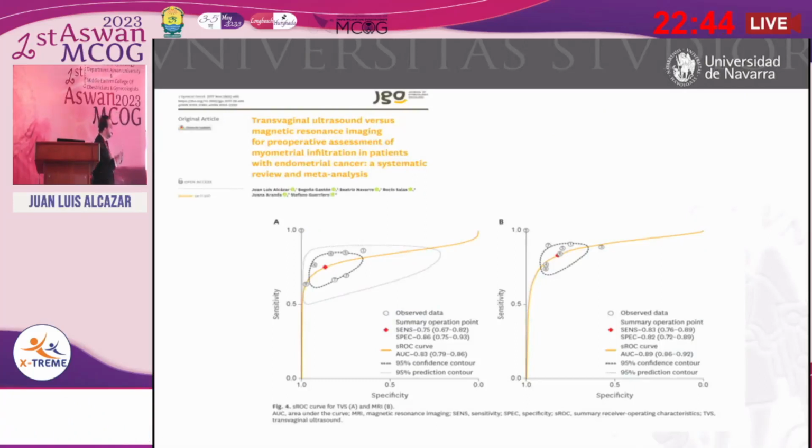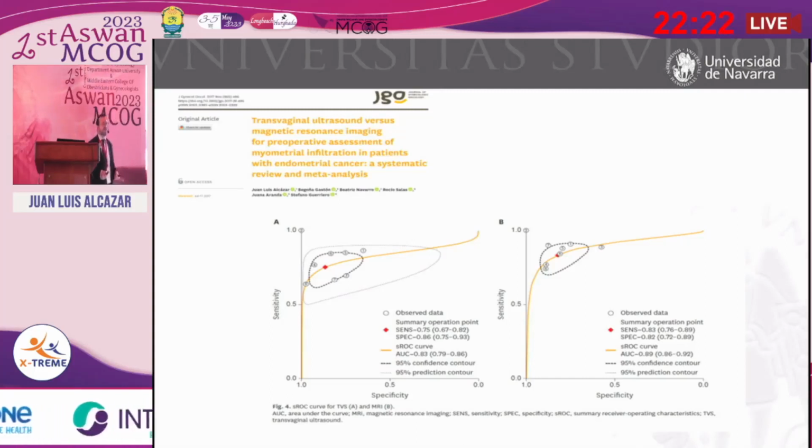But at the end of the day, when you look at most guidelines, you will read that MRI is the imaging technique to be used. The first choice is MRI.